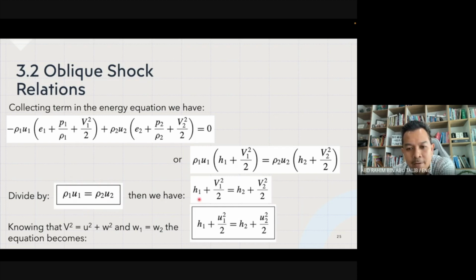Then we have this enthalpy expression, knowing that V squared equals u squared plus w squared, and w1 is equal to w2. The equation then becomes this expression: the enthalpy at station 1 plus the velocity squared over 2 at station 1 equals the respective values at station 2, downstream of the oblique shock wave.